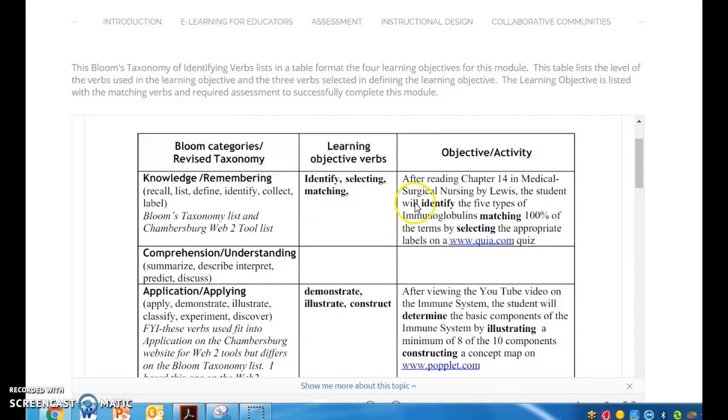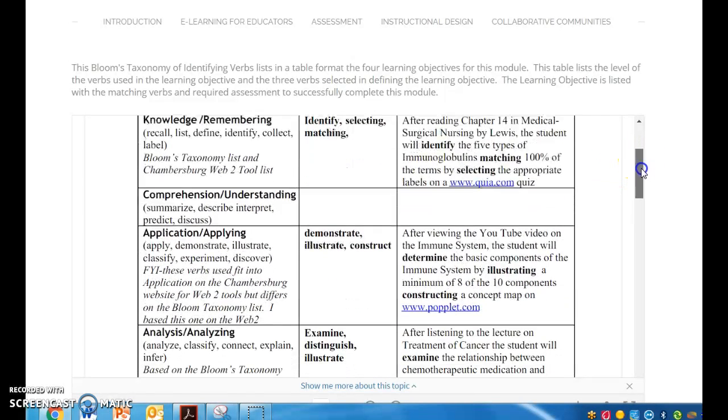And in this case, the students were to identify 5 types of immunoglobulins and answer the quiz at 100%. They took this quiz on a Web2 tool on QUIA.com, and it's a free site where you can make up quizzes and embed them into your class. And this was, again, a basic example of using matching course objectives at the knowledge level and finding a Web2 tool that the students could use at that level.